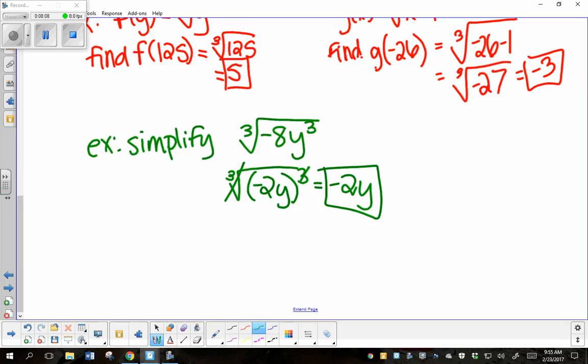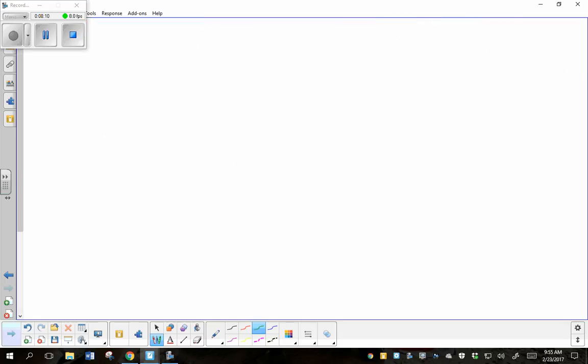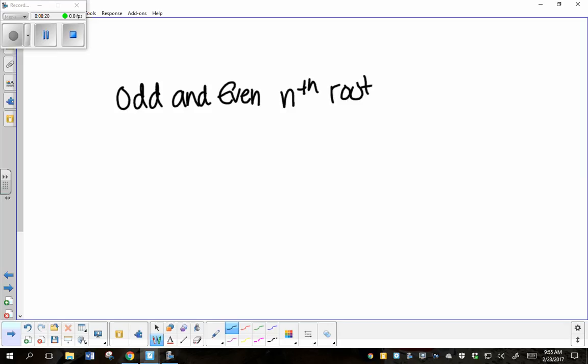Alright, we're going to move on to bigger roots now. We're going to talk about the difference between odd and even nth roots. We just write nth because that means we could be taking the root of any number n. We could be taking the 100th root. Like, what times itself 100 times gets us this number?